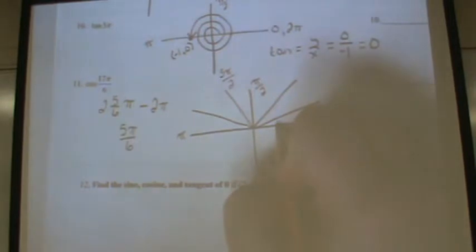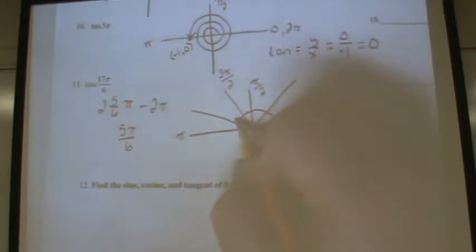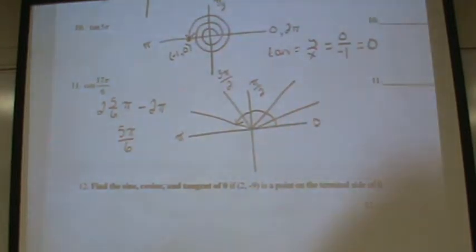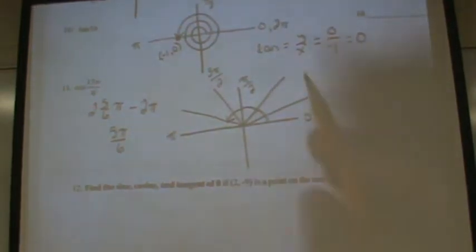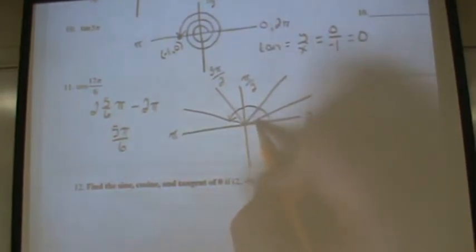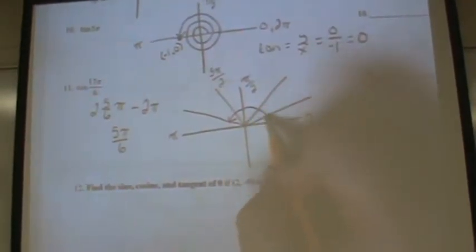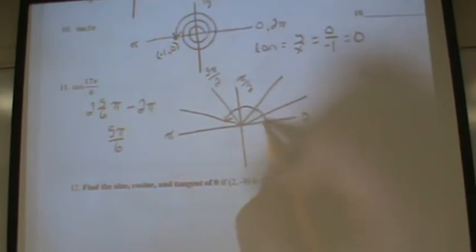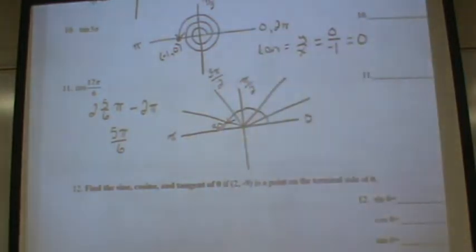Starting at 0, you go 1, 2, 3, 4, 5. So that's 5/6 of pi. By breaking these up into sixths, we know that these are all 30-degree angles because you're dividing your 90s into 3 parts. So 90 divided by 3 gives you 30s. So your reference angle here is a 30-degree angle.